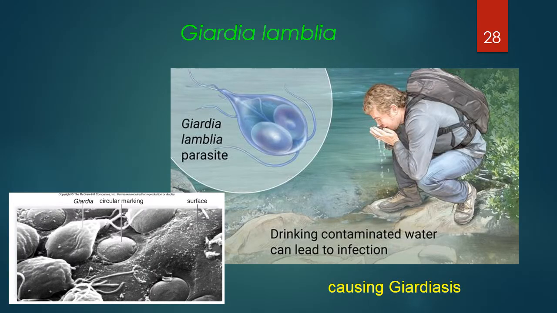Giardia. If you are a hiker, and I am, you know all about Giardia. It causes infections in the intestines that have abdominal cramping, bloating, nausea, lots of diarrhea. Not something you want when you're trying to hike the Appalachian Trail. This parasite is found worldwide, especially in areas with poor sanitation.